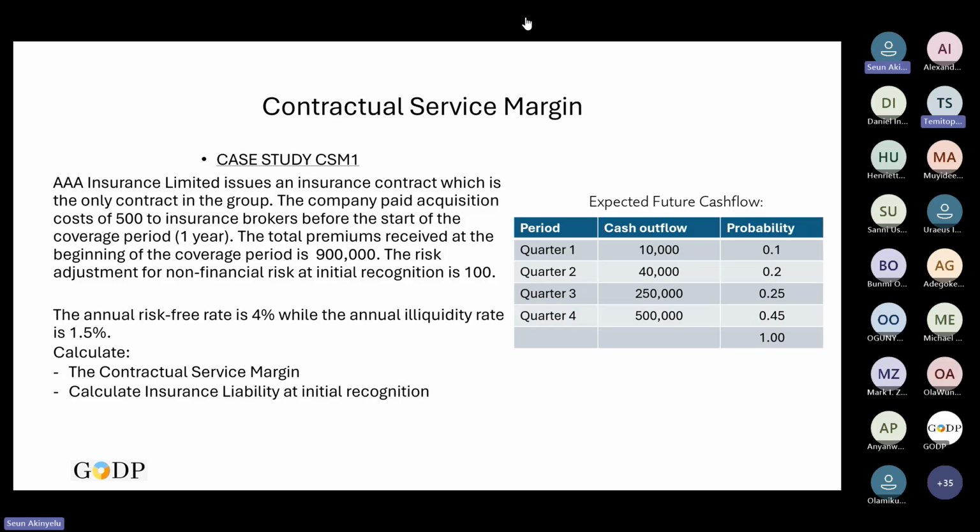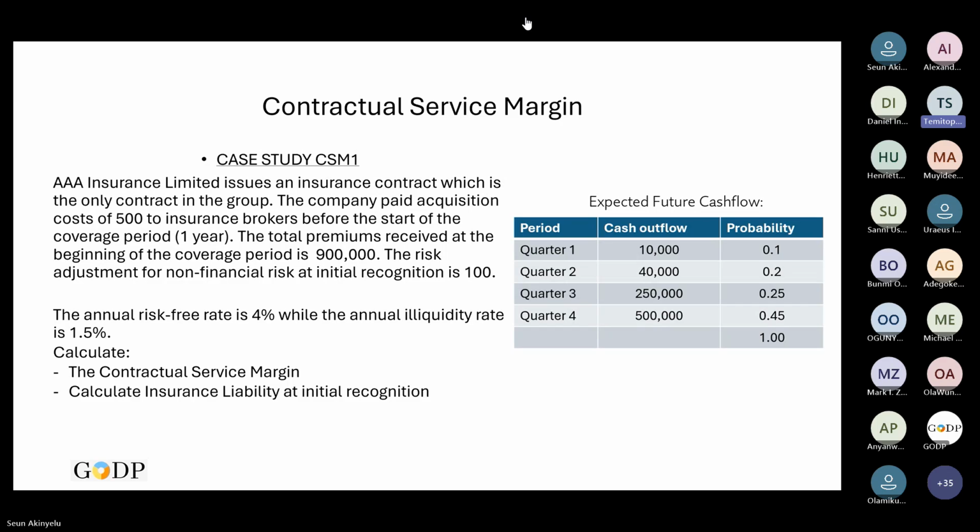Then under the general model, you taught us how to compute the initial recognition, which has to do with the fulfillment cash flows and adding that to the contractual service margin. Then you gave us a breakdown of how to compute the fulfillment amount, considering the probability, the risk adjustment, and the present value of cash flow.